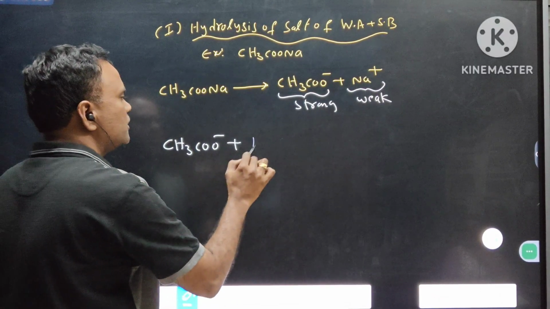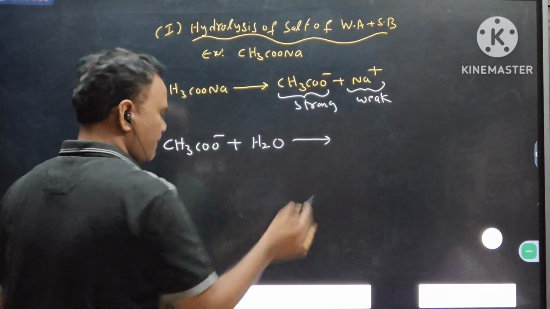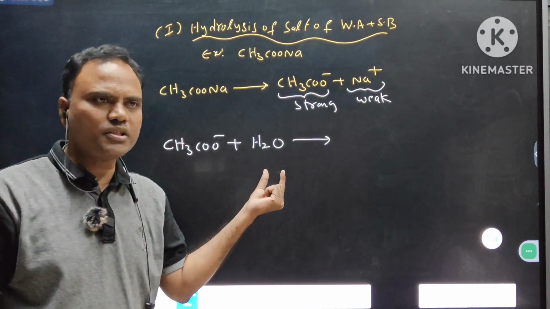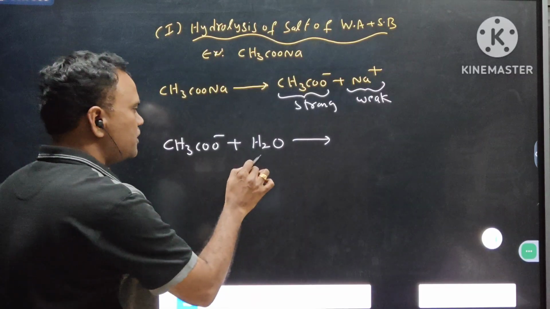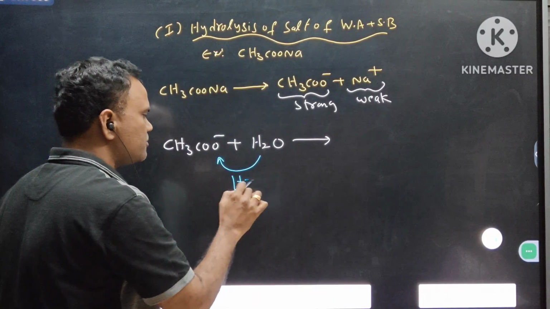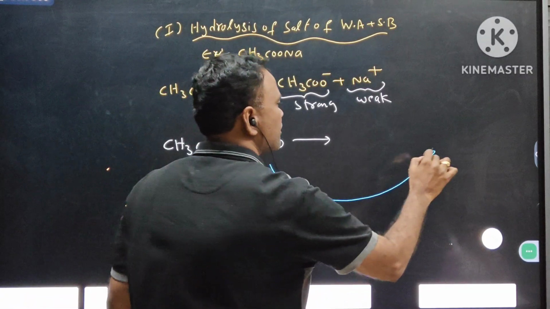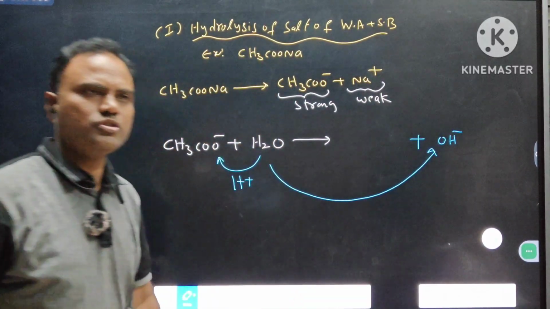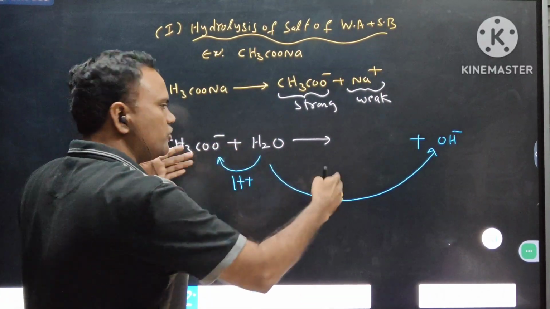CH3COO negative and H2O. In water, H plus ions are present or not? How will it dissociate? Water dissociates into H plus and OH minus.